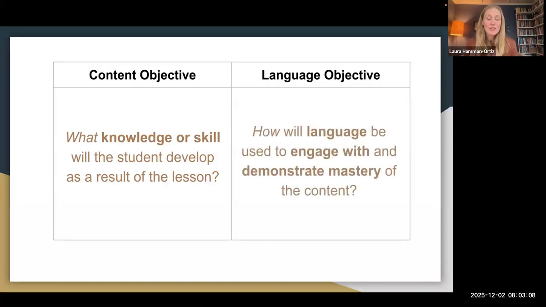Whereas the language objective is really more of the how. How will language be used to engage with and demonstrate mastery of that content? So how are we using language to develop that knowledge or skill, or to show our understanding of that knowledge or skill, or to be able to produce texts within that disciplinary area that we're learning.